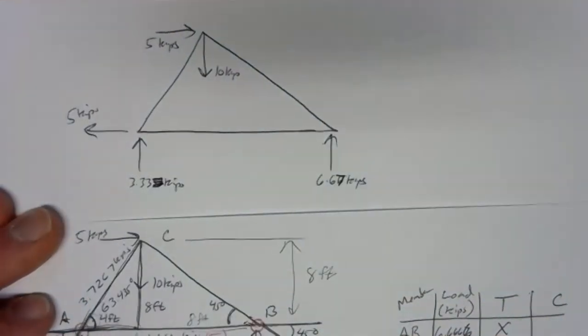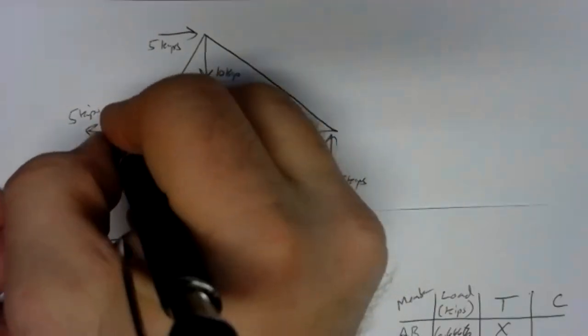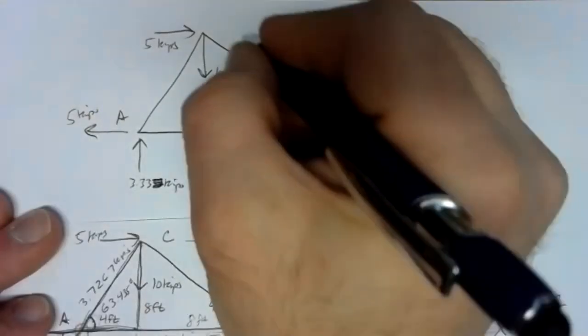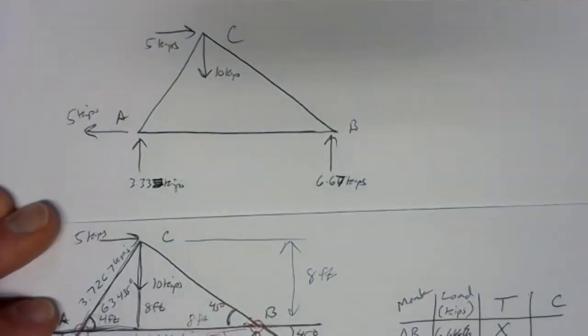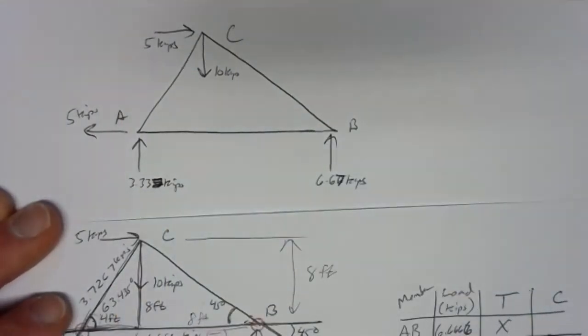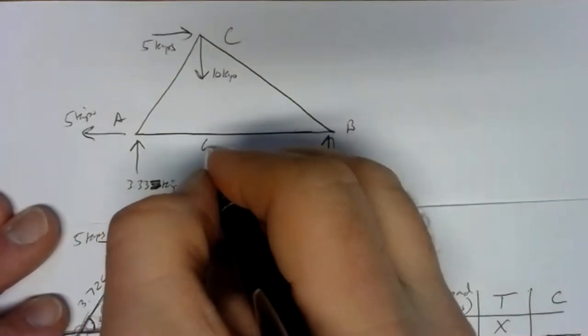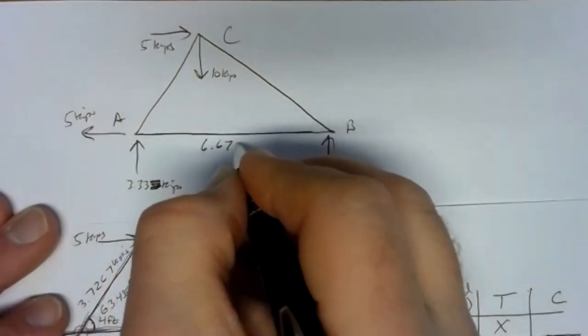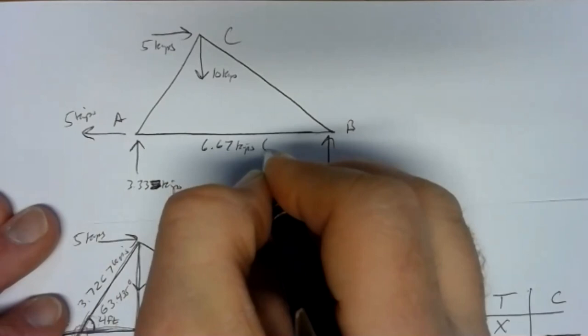About the only thing I'd leave out is the geometry. Don't put in angles, don't put in lengths or anything like that. You can label A, B, and C, but right along each member what the load is and whether it's in tension or compression. So AB was 6.67 kips in tension.